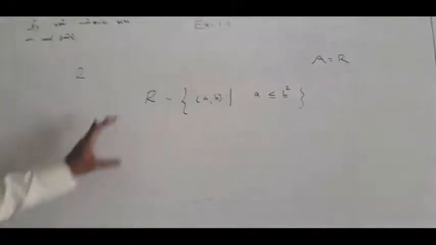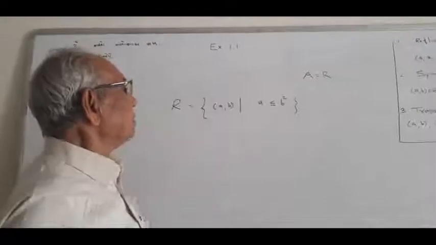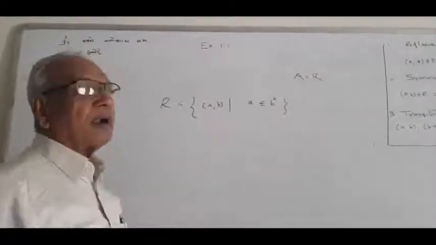Means we want to show that this relation is not reflexive, not symmetric, and not transitive.